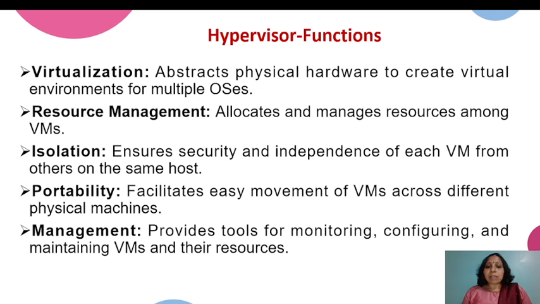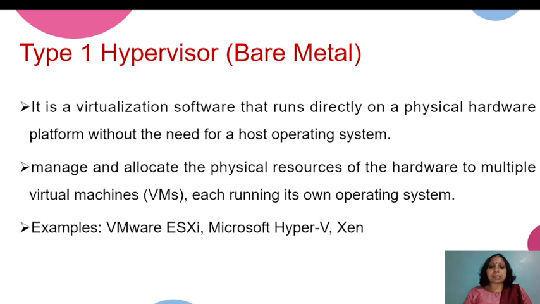When it allows you to have multiple VMs, it makes sure that the independence of each VM is securely maintained on the same host. Moreover, it facilitates easy movement of VMs across different physical machines. Also, it provides various tools to monitor, configure, and maintain the VM as well as their resources. So these are the basic functions of hypervisor.